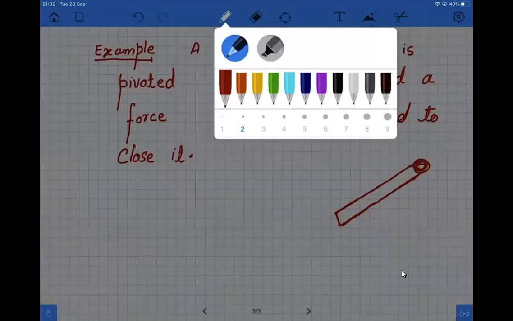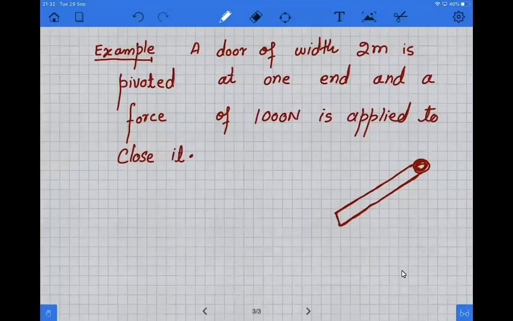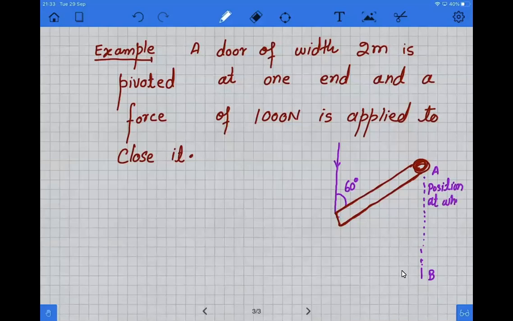When you apply a force on this door, for example, you are applying a force at some angle. Let's say you apply a vertical force here, and this force is making an angle of 60 degrees with the door. And this force has to bring the door here. If this line is line AB, AB is the position at which the door closes.